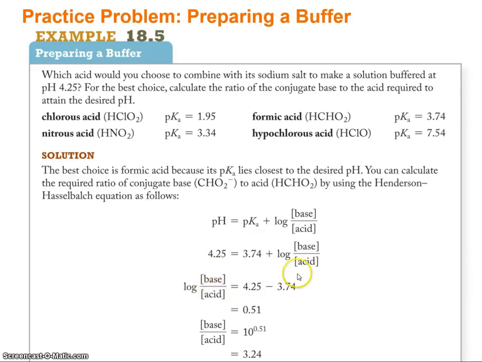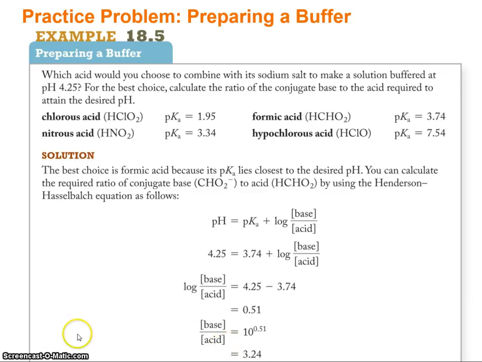All right, so I need to adjust this pH baseward. So it's going to be 4.25 minus 3.74 is equal to 0.51. So my base to acid ratio is 10 to the 0.51, so I get 3.24. Right, so I need 3.24 times more base than acid.